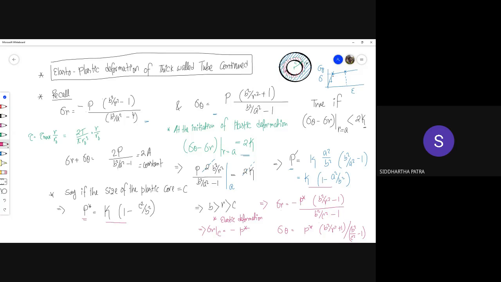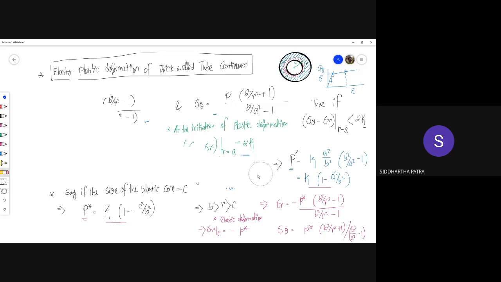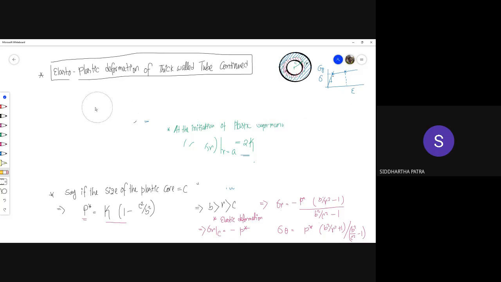Now, let us look at how the stress state changes in the plastic domain. By stress state I mean different stress components, as in the sigma r and sigma theta.